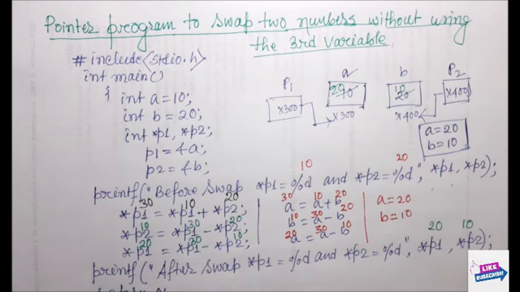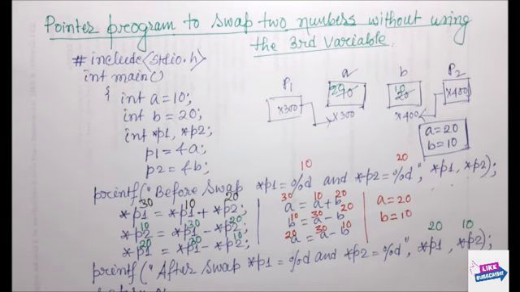So whenever you use this kind of operator associated with a pointer, please take care, because a pointer holds the address of another variable. We have to take care how to use the increment and decrement operators in case of pointer arithmetic.